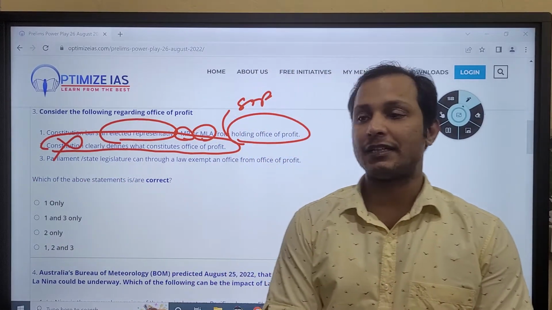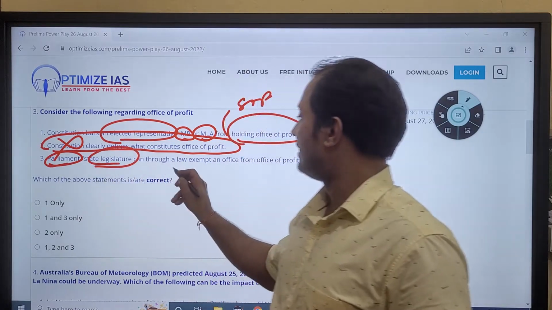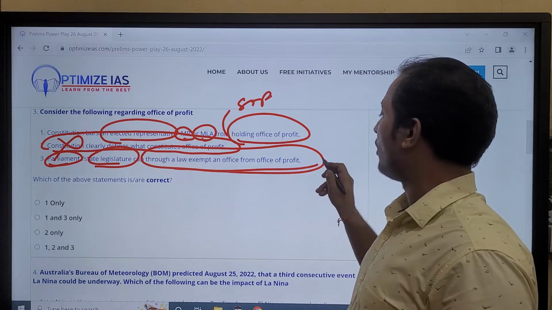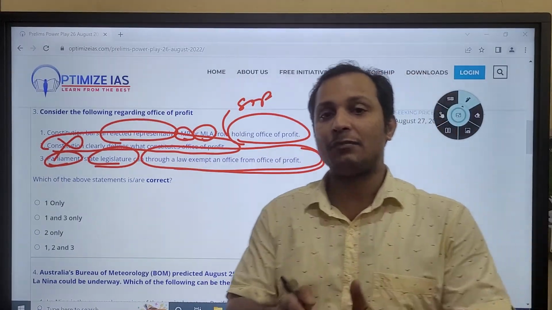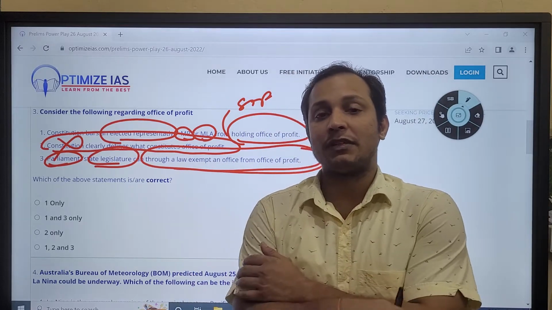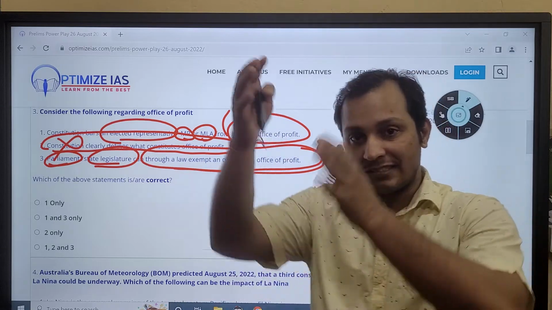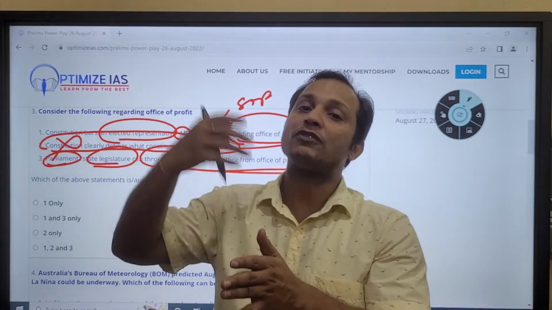The third statement says that the Parliament and state legislature can, through a law, exempt a few offices from office of profit. Yes, the Indian Parliament has passed a law, the Prevention of Disqualification Act 1959, which lists a few of the offices that are protected from office of profit.